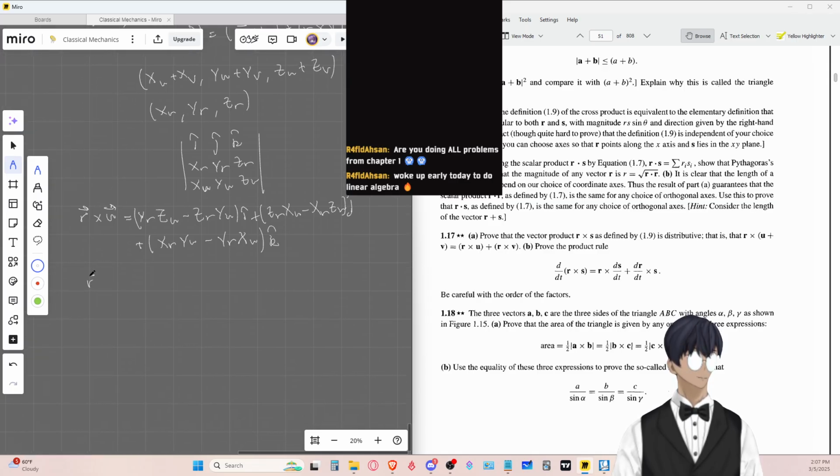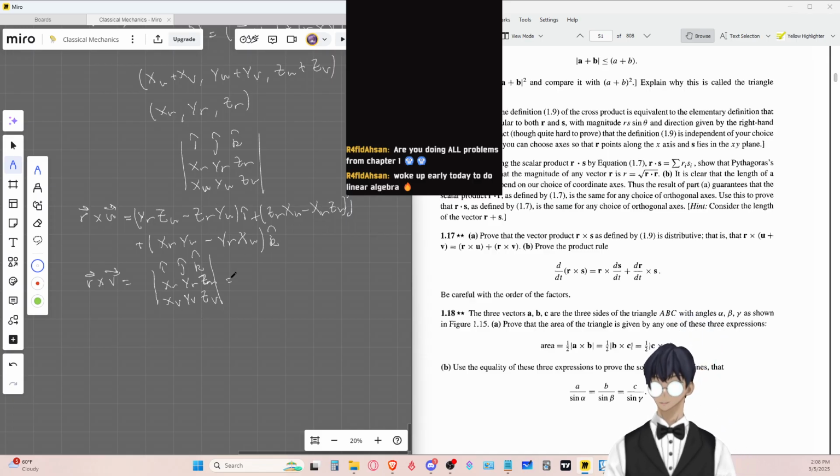Here, then we'll do r cross v, which would result in... Dang, my handwriting is very, I think when I'm writing stuff that I want to get done, I accidentally scribble too much.